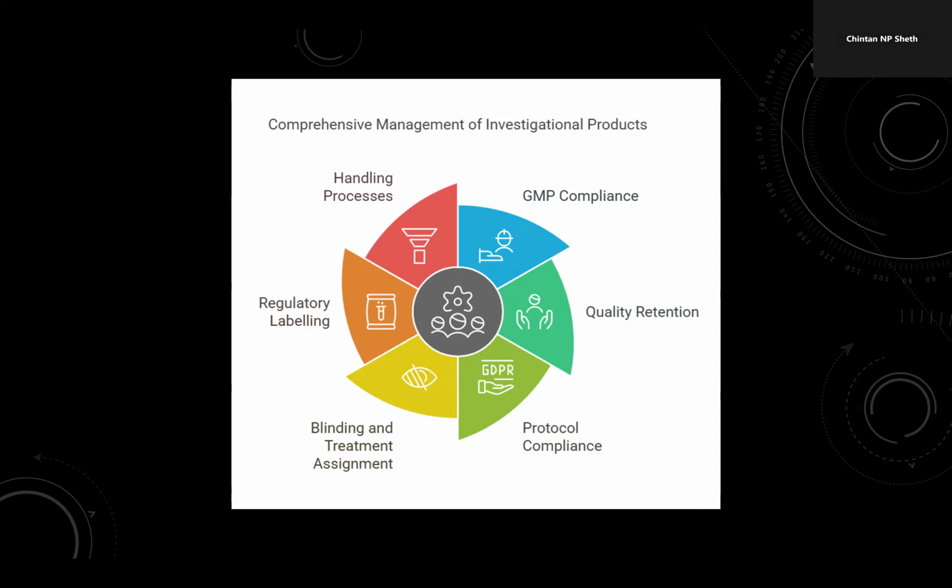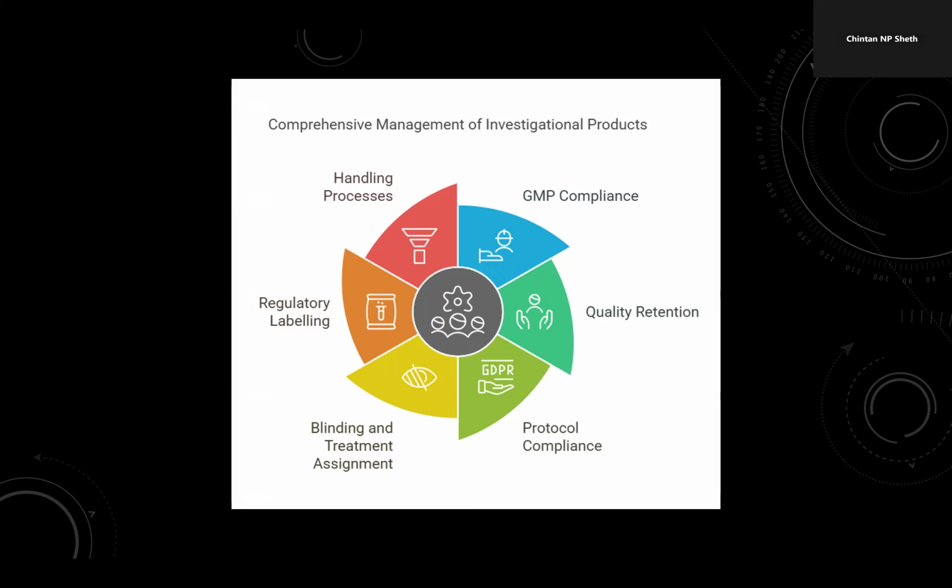Such investigational products which are used in clinical trials must be manufactured as per the applicable GMP standards. Measures should be in place to ensure that these products provided to the participants retain their quality. Investigational products should be used in accordance with the protocol and relevant trial documents.